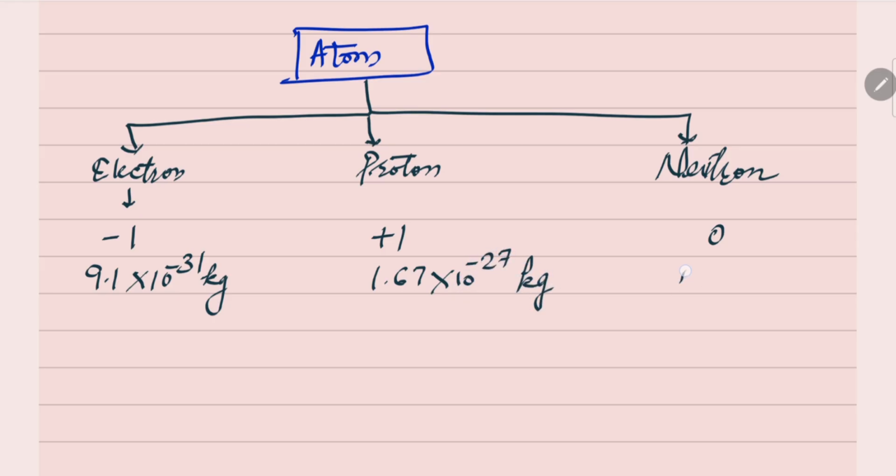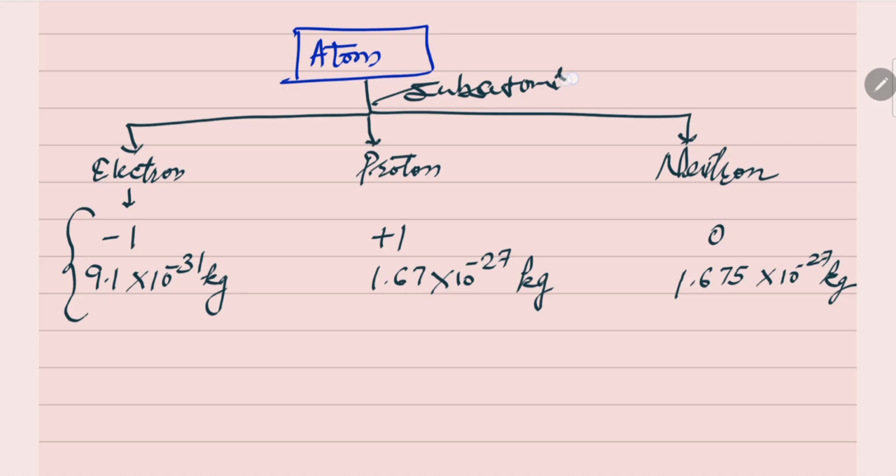And for neutron it is 1.675 into 10 raised to power negative 27 kilogram. Okay, we got to know about these things right now. Till this date, we got to know that this is true about these subatomic particles. So these were a few subatomic particles which are important for us.